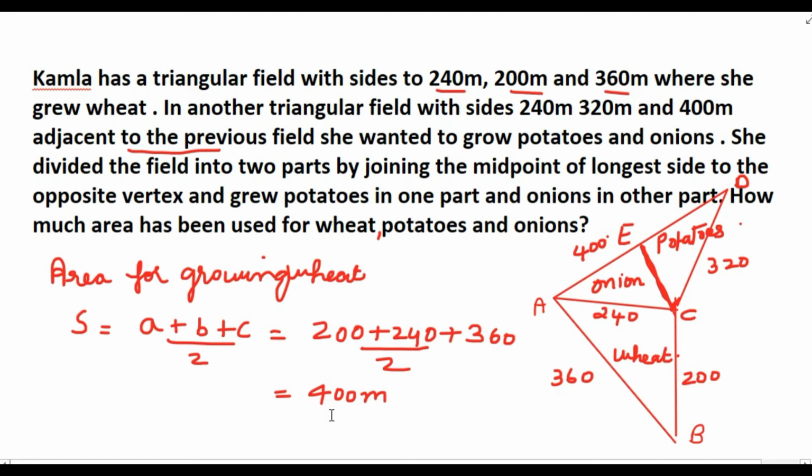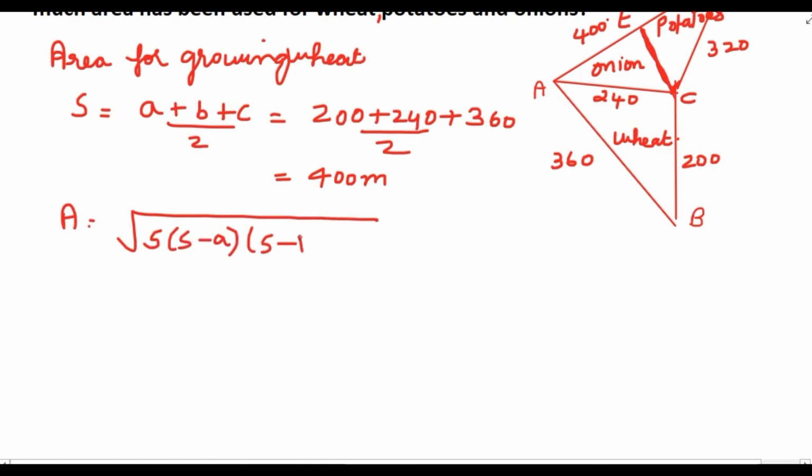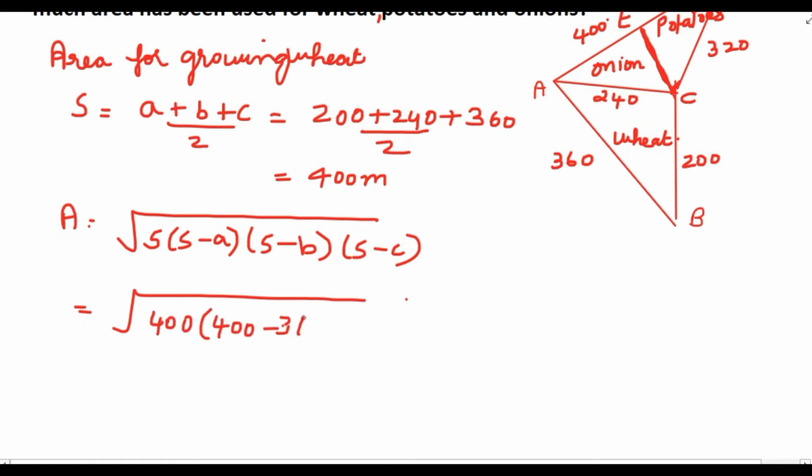We will substitute the values and find out the area for growing the wheat. So area equals square root of S into S minus A into S minus B into S minus C, which is equal to 400 into 400 minus 360 into 400 minus 200 into 400 minus 240.